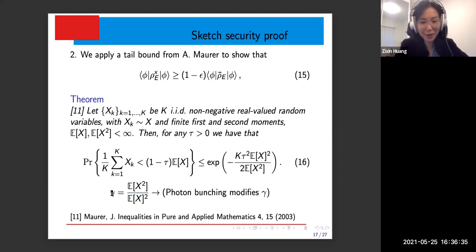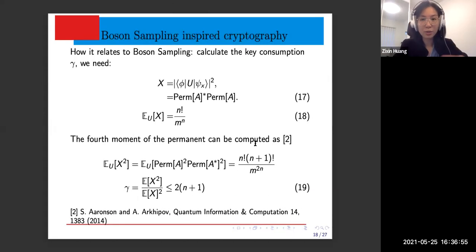This quantity, which we call gamma, dictates the secret key consumption required by our protocol to ensure that the protocol is still secure. If we do have photon bunching, that modifies this security parameter. The particular quantity gamma here is also where our protocol is tied in to Boson sampling.